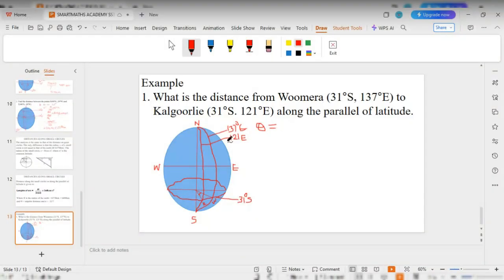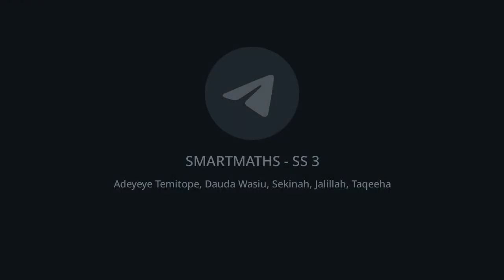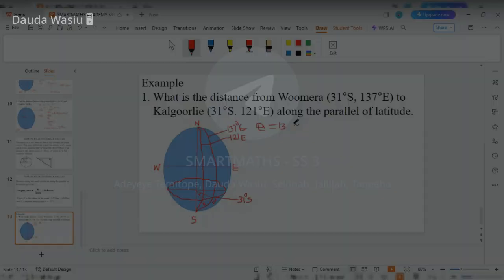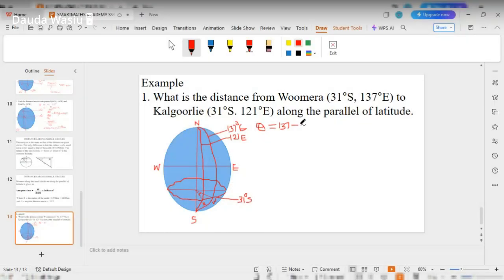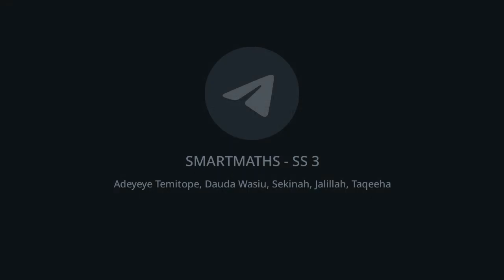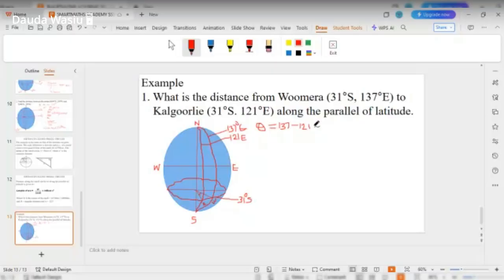That is 137 minus 121. So 137 minus 121 is 16 degrees. So angular difference is 16 degrees.